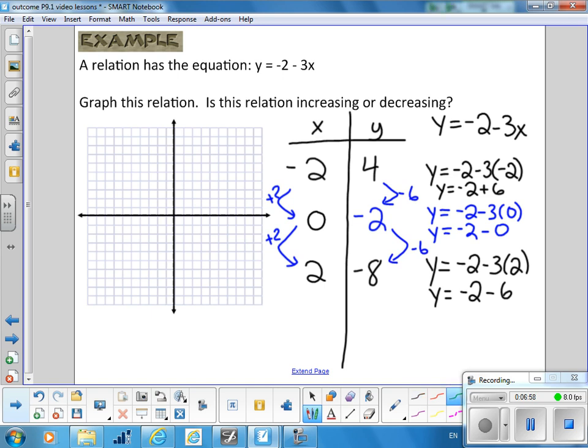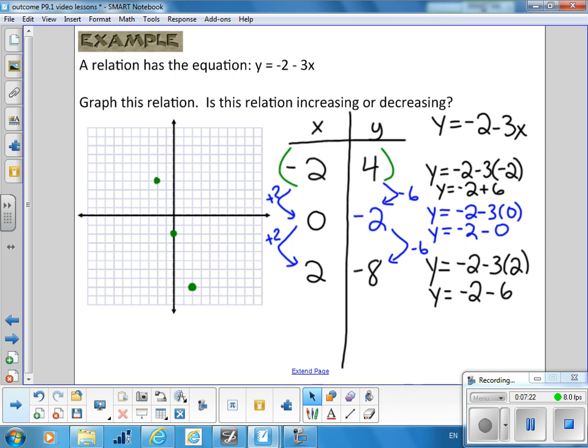So now I'm going to plot these. -2, 4. So that means move 2 to the left from the origin and go up 4. And I put a point. 0, -2. That means I do not move left or right off the origin, but I go down 2. 2, -8. 2 to the right, down 8. And I put a point.